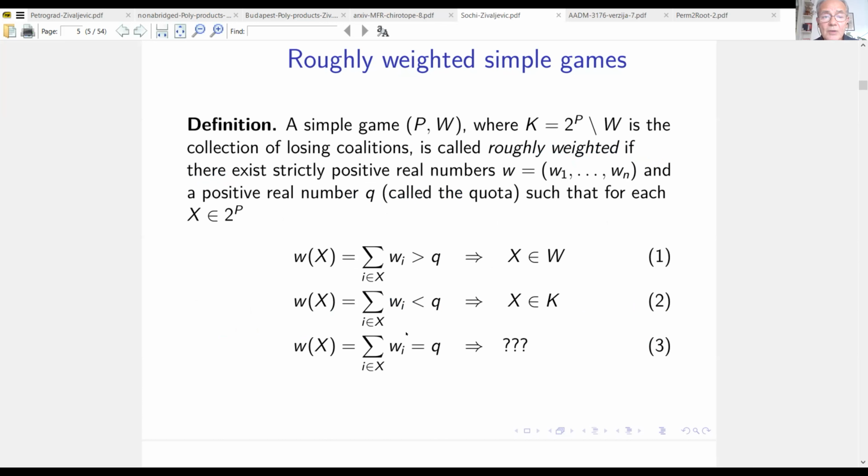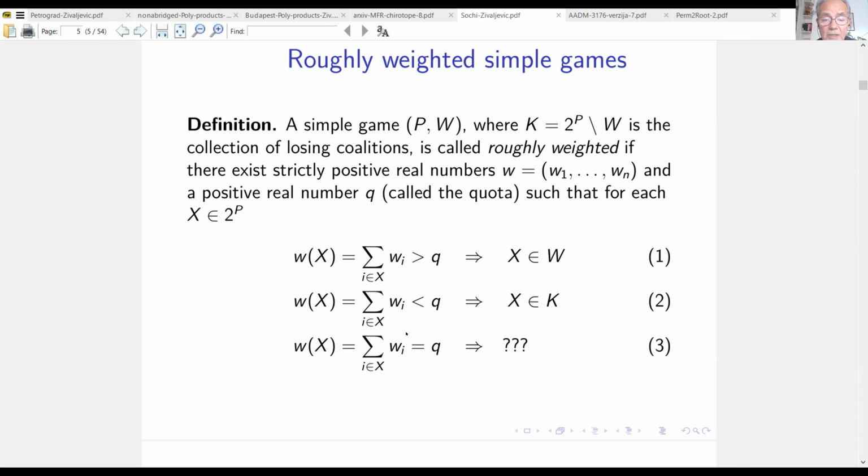There is something called a roughly weighted simple game. Very similar at first sight. Again, we have weights or a weighted distribution on the players. And again, we have a quota, a threshold. But this time, the definition is somewhat relaxed. If you look at formulas 1, 2, and 3, it is similar. The first two formulas are very similar to the previous conditions.